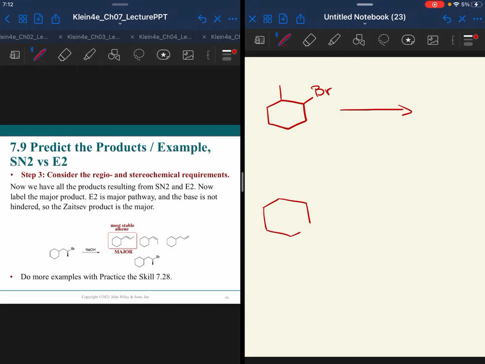And I'm going to use this starting material in a couple of different practice problems. And let's just make it wedged. Here we go. All right. I'm going to use methanol.